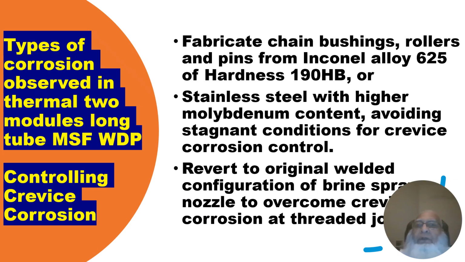Fabricate chain bushings, rollers and pins from Inconel alloy 625 of hardness 190 HB or stainless steel with higher molybdenum content, avoiding stagnant conditions for crevice control. Revert to the original welded configuration of brine spray nozzles to overcome crevice corrosion at threaded joints.